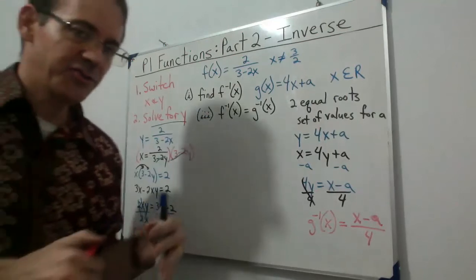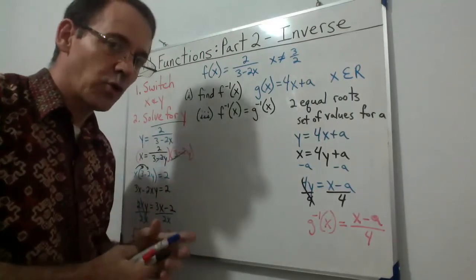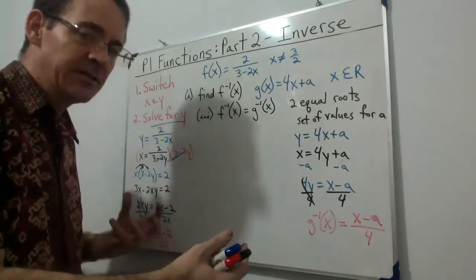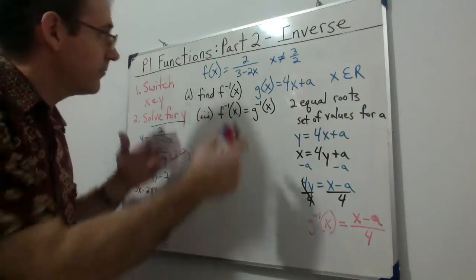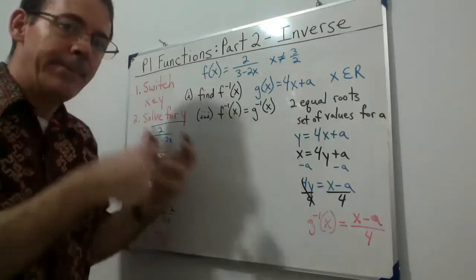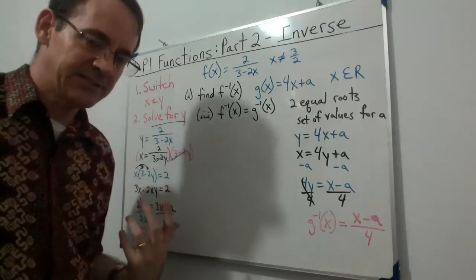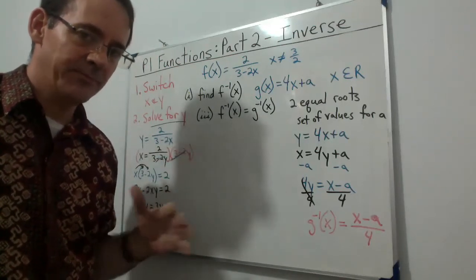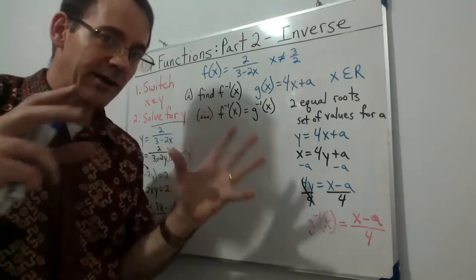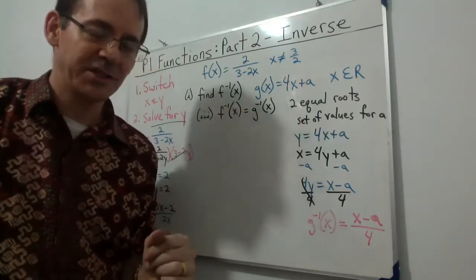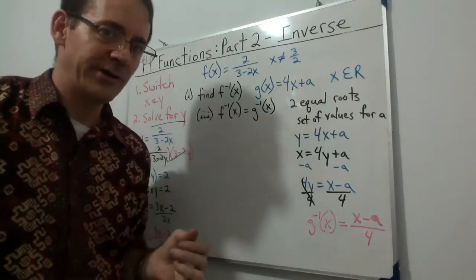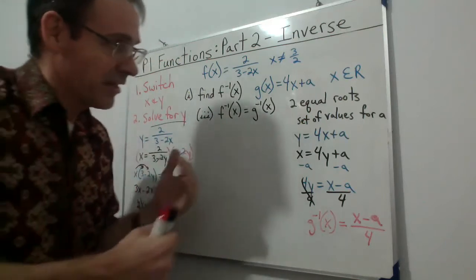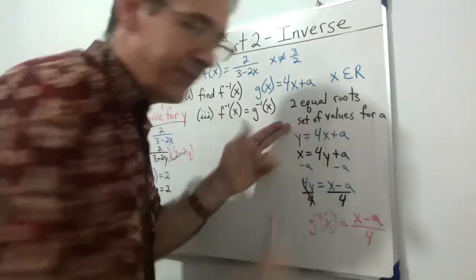Now we get to where Cambridge is correlating our inverse skill from the functions unit back to a quadratics question that we saw at the end of the quadratics unit. Remember what I called the crown jewel question of Cambridge for quadratics, and that is this set of values.